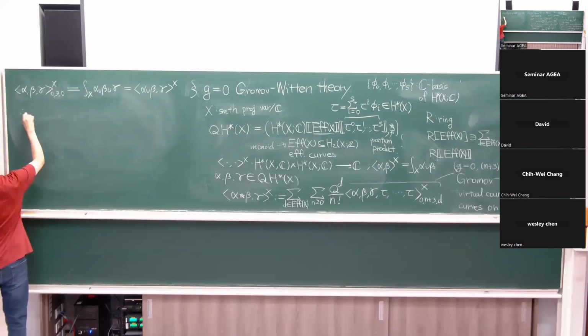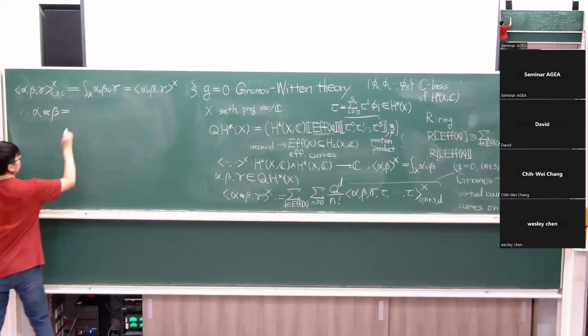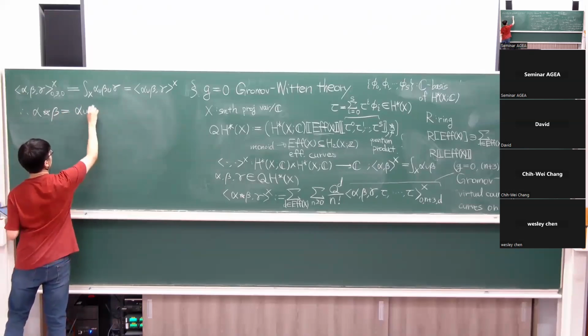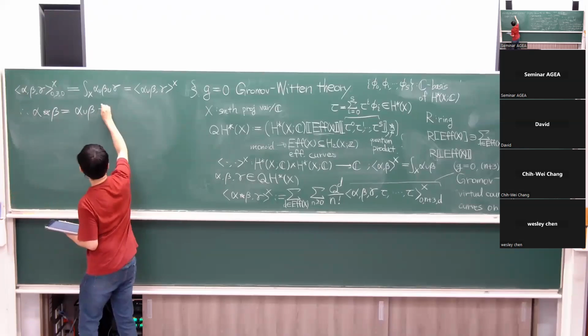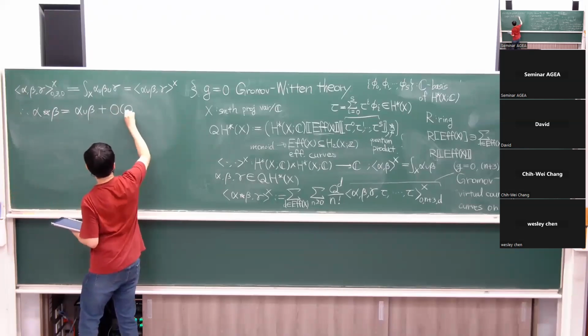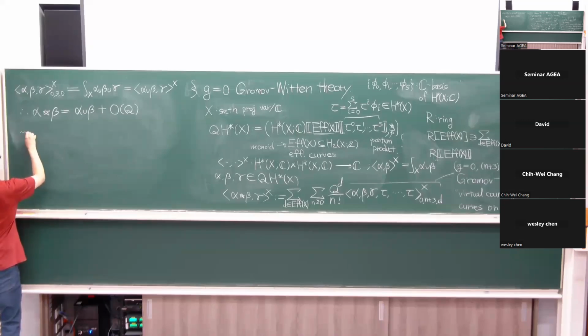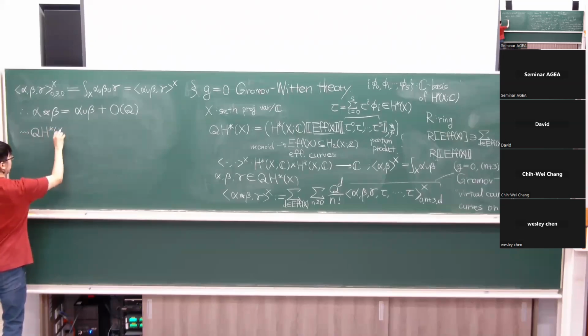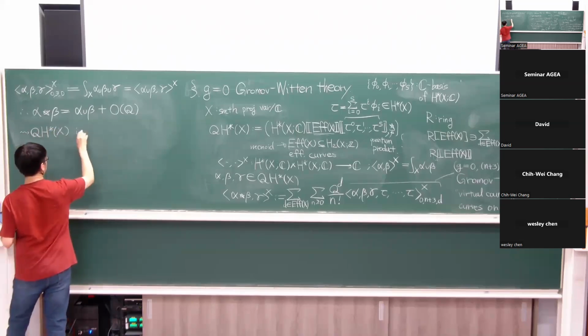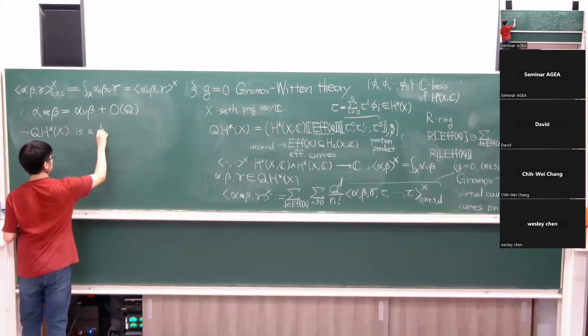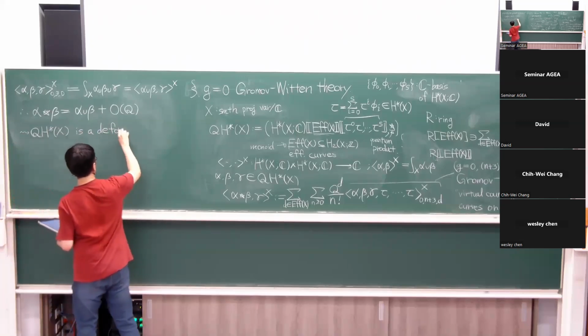So alpha star beta equals alpha cup beta plus some higher terms. So we can see quantum cohomology as a deformation of usual cohomology.